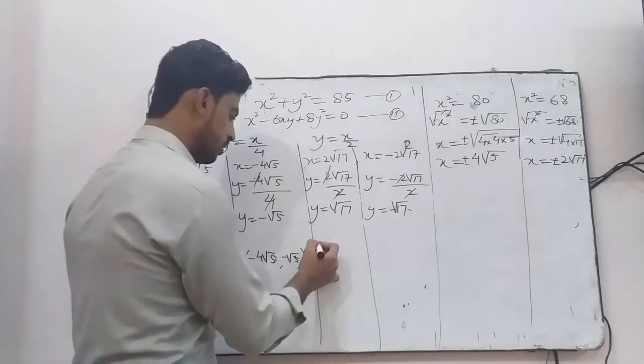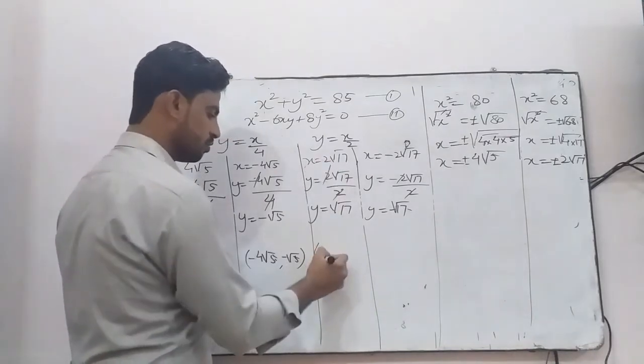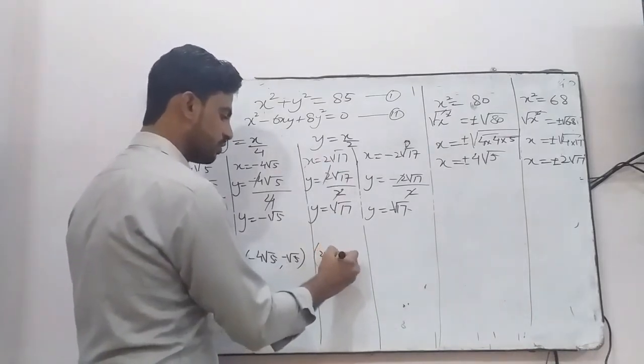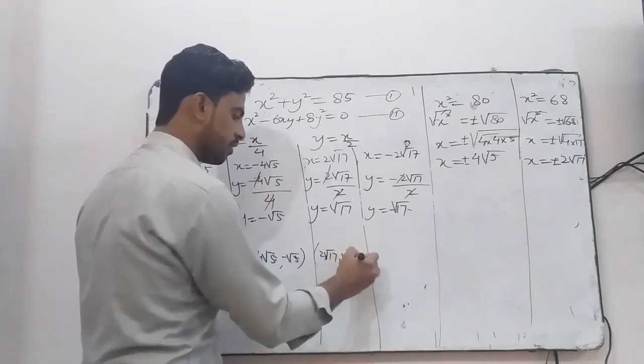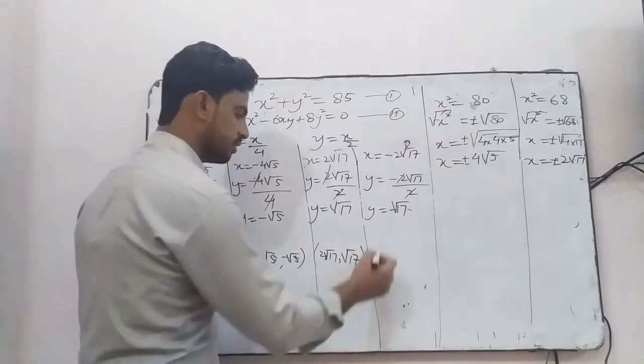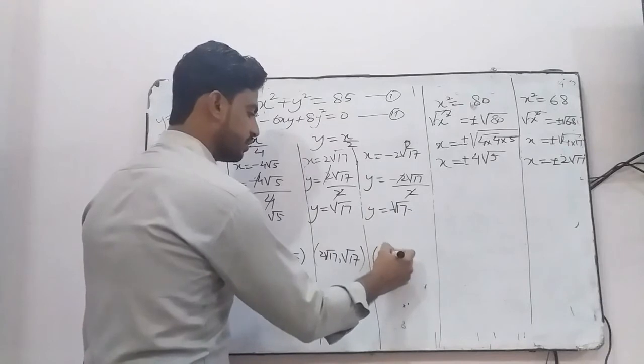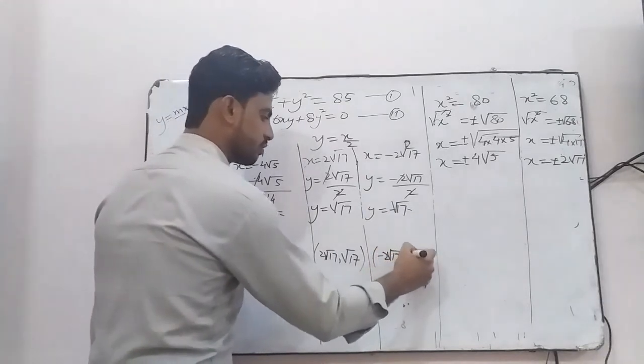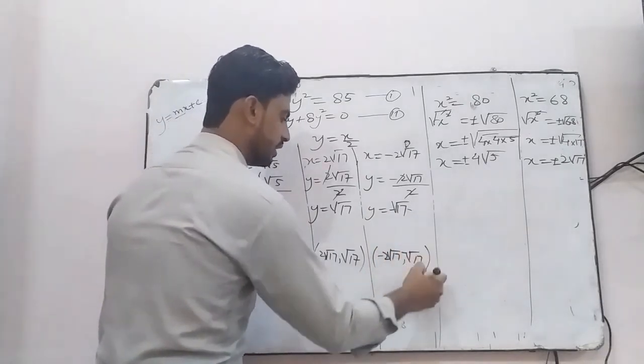Here it is 2√17 and the answer for y is just √17. And here negative 2√17, y is negative √17.